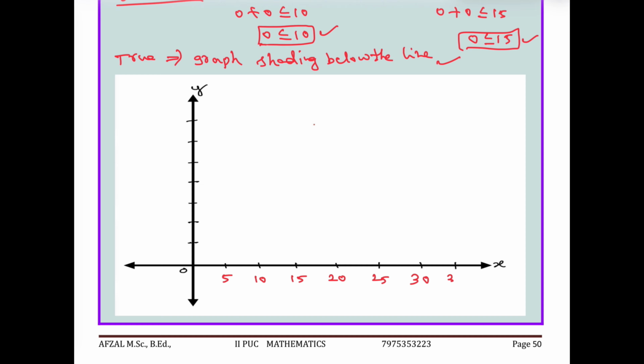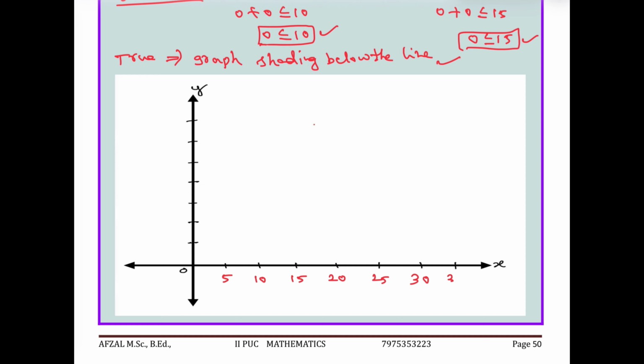Multiples of 3: 3, 6. That is n of E equals 2 outcomes. Then probability of E equals n of E divided by n of S, which is 2 by 6, that is 1 by 3.